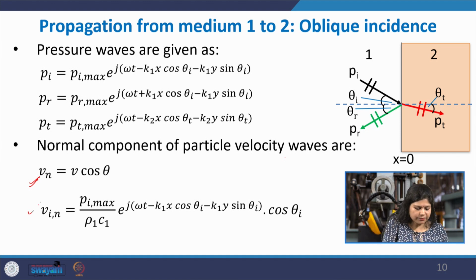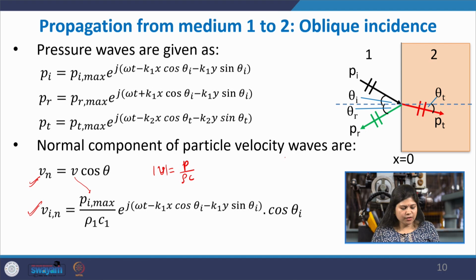So, that is what we get. For the incidence angle, the normal velocity is given by, so also we know that V is equal to P by rho c. Okay. So, let us do that. This magnitude of V is P by rho c.